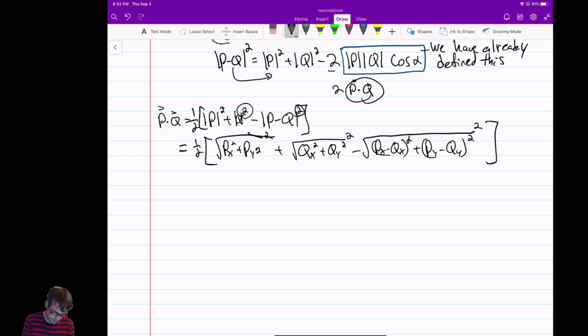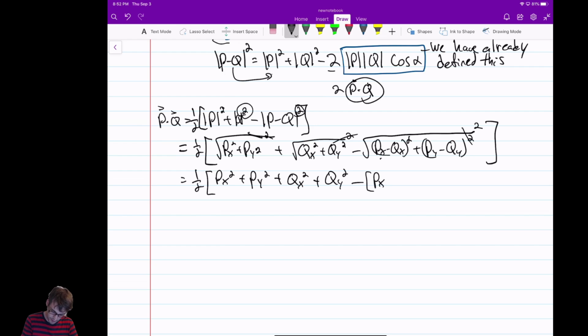So I'm going to cancel out those square roots and squares and rewrite it really quickly. We have lots of space. So I'm left with px squared plus py squared plus qx squared plus qy squared minus, and I'll put this in brackets. I'm going to expand this, px minus qx squared.